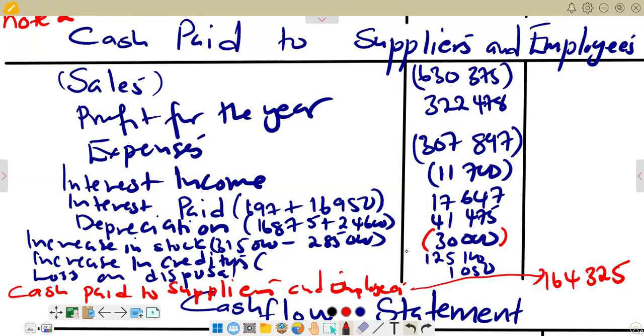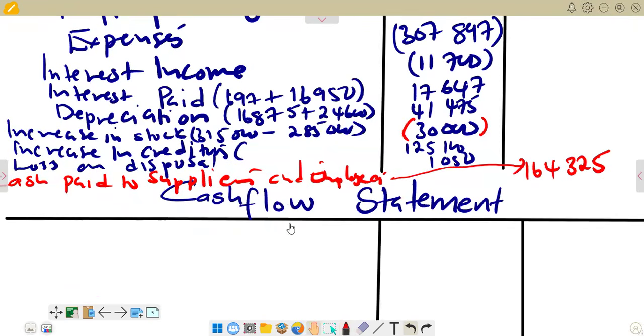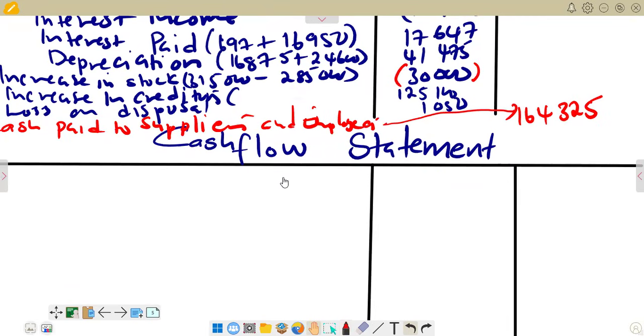So this is what we have in terms of the two notes. Then after that, that's when we are going to go and prepare the cash flow statement. So we have got a cash flow statement that is beneath that. So in the cash flow statement now, remember, we are going to start with cash flow from operating activities.